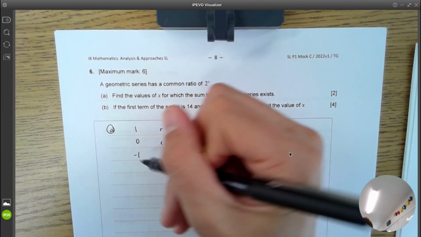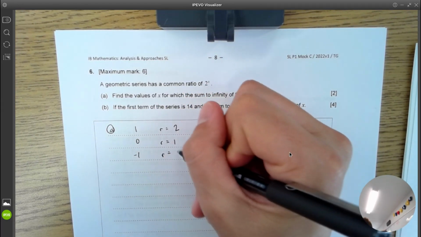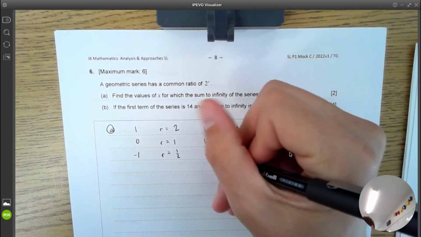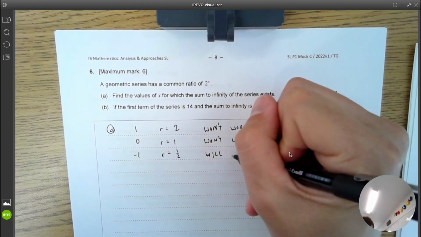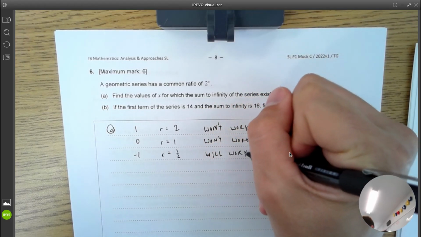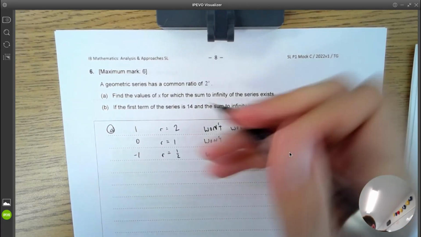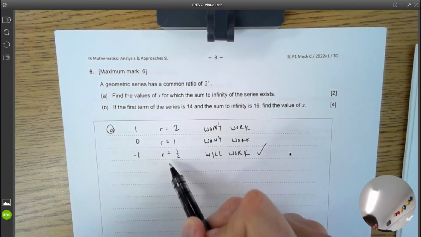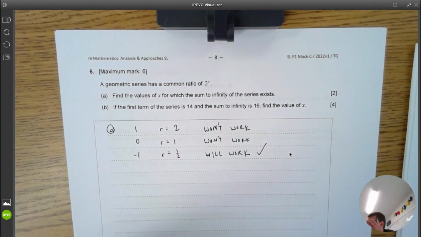Let's say I choose one like -1. That means my r is going to be 1/2, and this will work. If it's -1 and my r is 1/2, then my numbers are going to be shrinking.